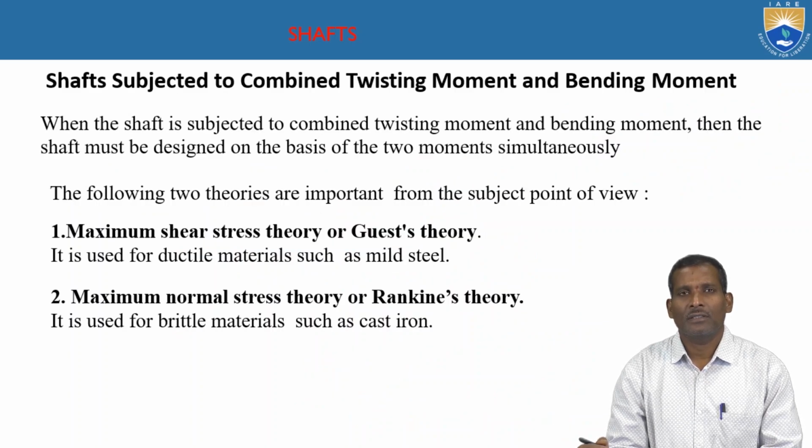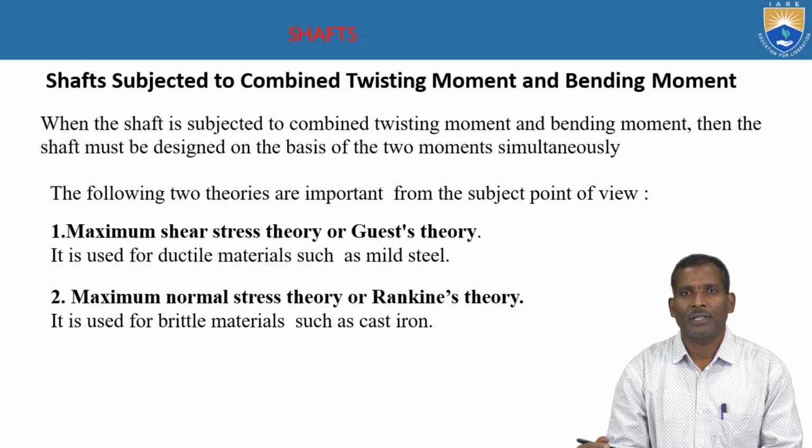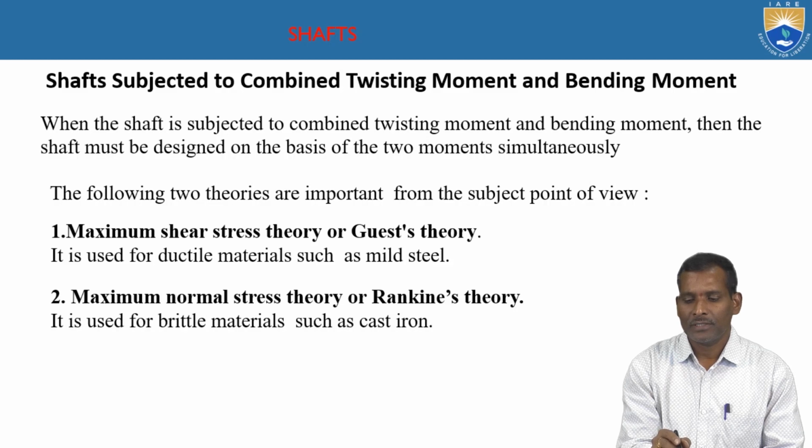Next, the second one is a shaft subjected to combined twisting moment and bending moment. In this case, when the shaft is subjected to combined twisting moment and bending moment, then the shaft must be designed on the basis of the two moments simultaneously. So what are the two moments?